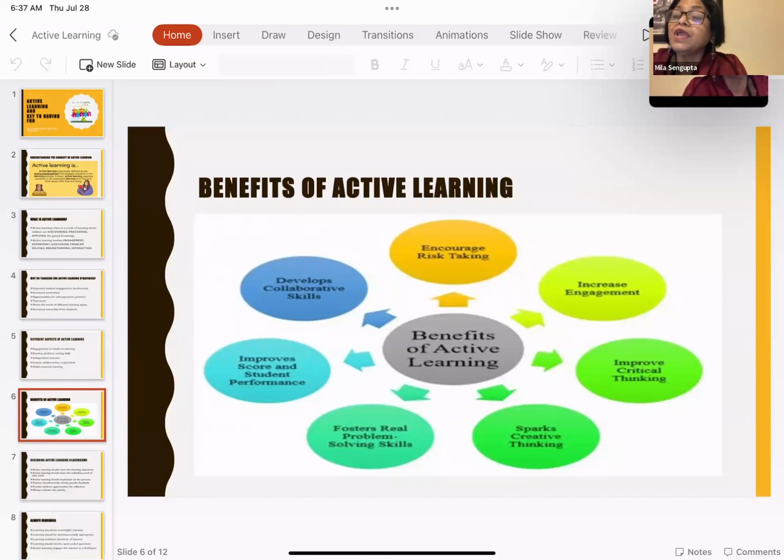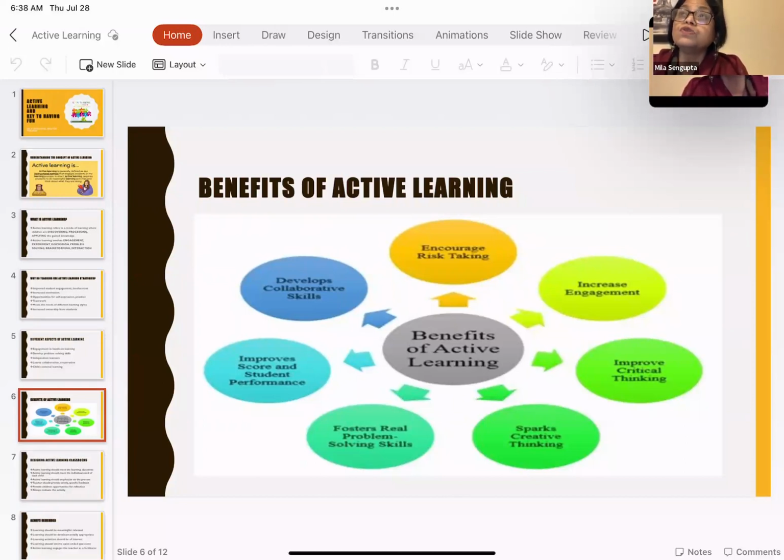It sparks creative thinking. Along with critical thinking skills, children are also developing creative thinking skills. They are finding different ways to come to a conclusion. There is not one way to reach the end of the path, and it fosters real problem-solving skills.